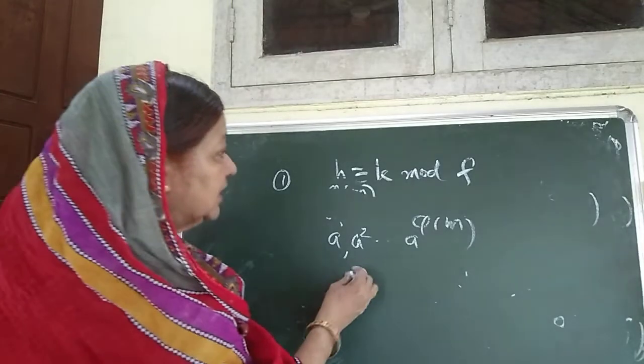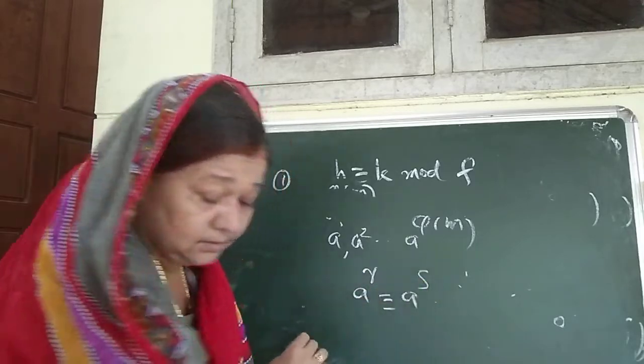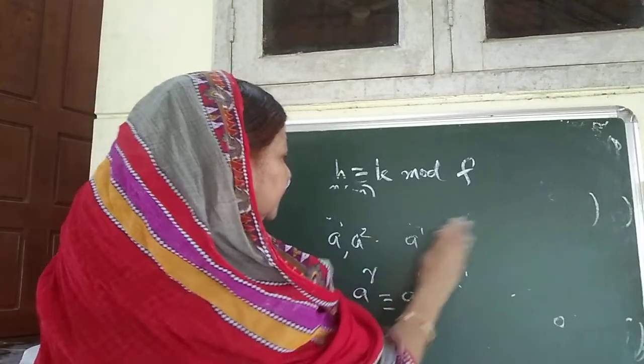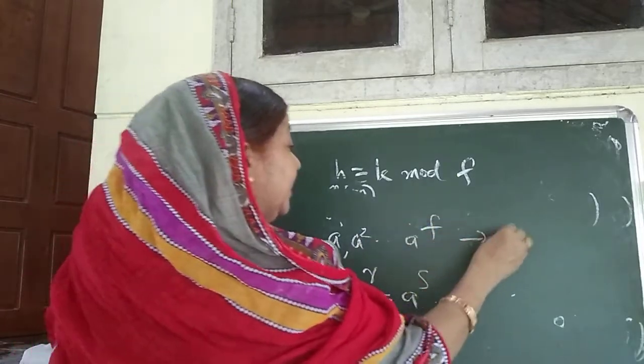For if not, let a raised to r be congruent to a raised to s. a raised to f minus 1, or a square, etc., a raised to f are incongruent.